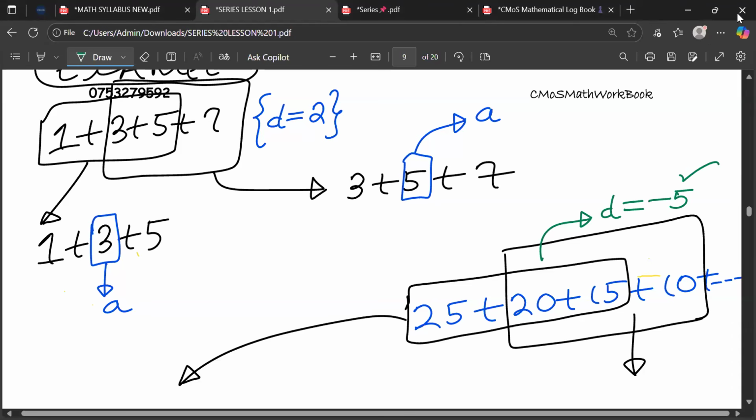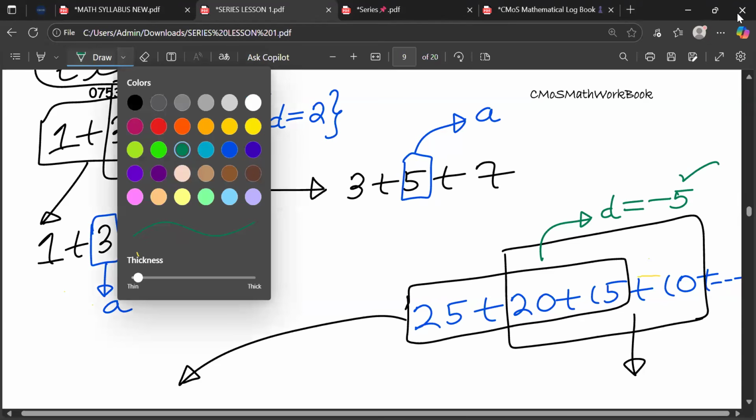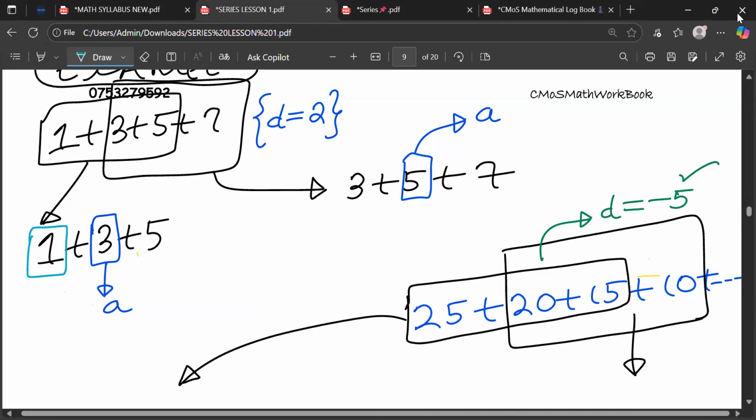So I want people to appreciate that according to common difference, this one is A, the 3, minus the common difference. Isn't it?